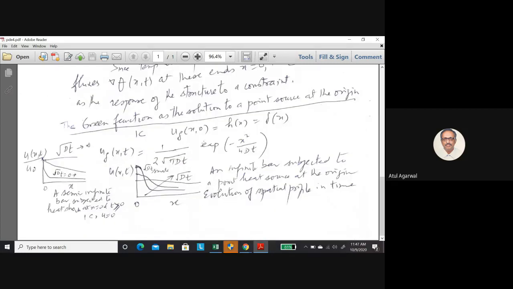Similarly, we have a Green's function. What is a Green's function? It's the solution to a point source at the origin. Suppose you have a point source here at x equal to 0. Point source means delta x. You must have seen this, this is a Dirac delta function.